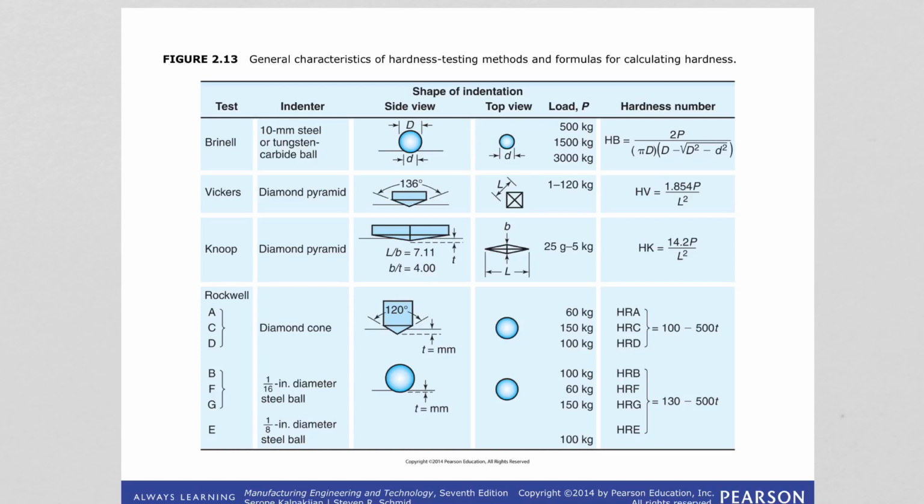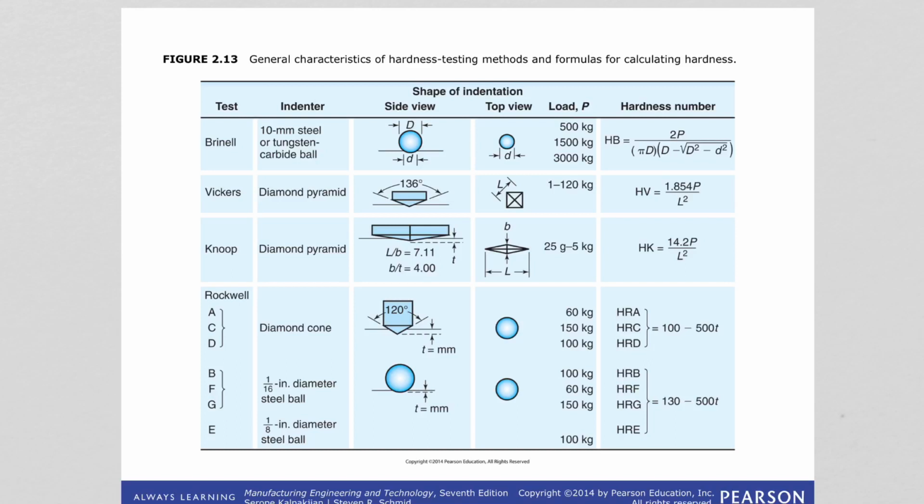Here you see in the figure the general characteristics of hardness testing techniques and the formulas for calculating the hardness. The most common one we are familiar with is the Brinell hardness test.